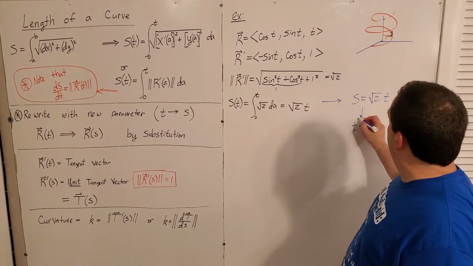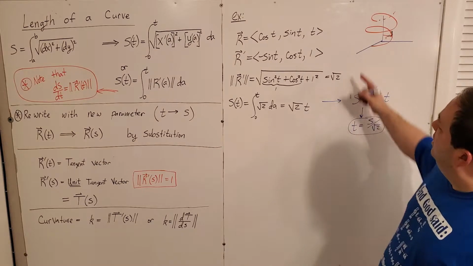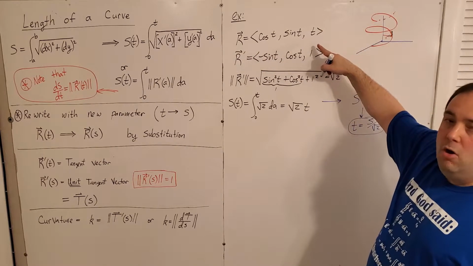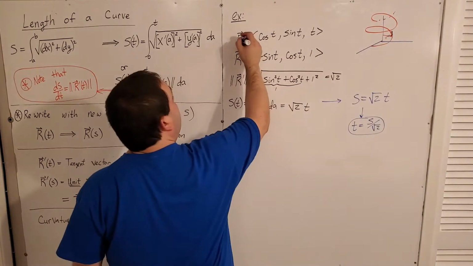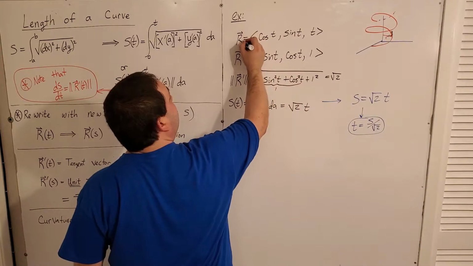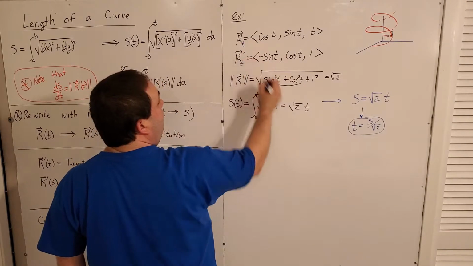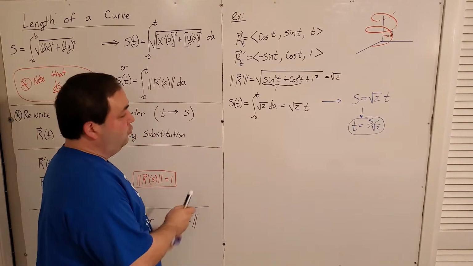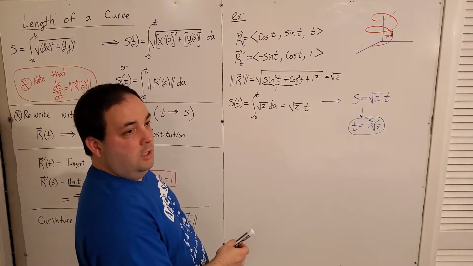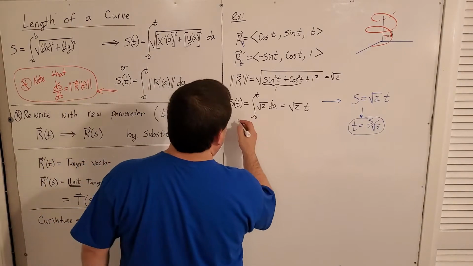Okay, so use this fact to plug that back in to the original r vector function, right? Now technically right now, remember this one is r of t, right? And this is r prime of t, so on and so on. What I'm about to do is reparameterize r so that it is now a function of s, okay?